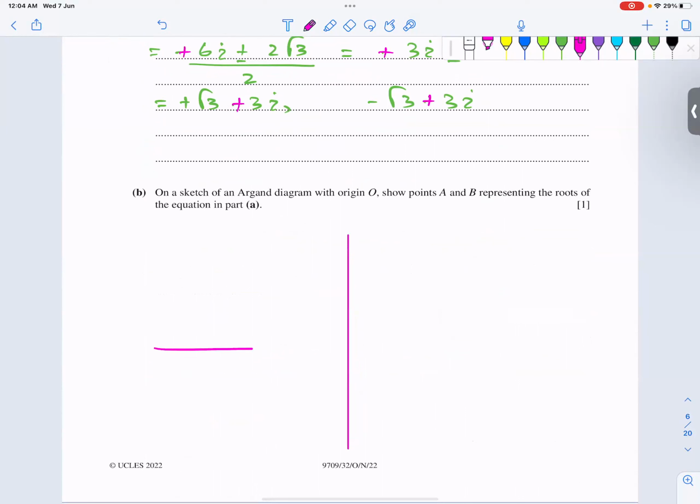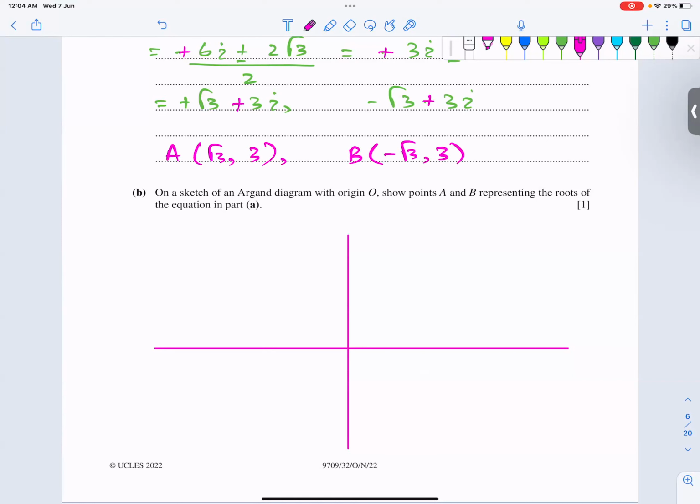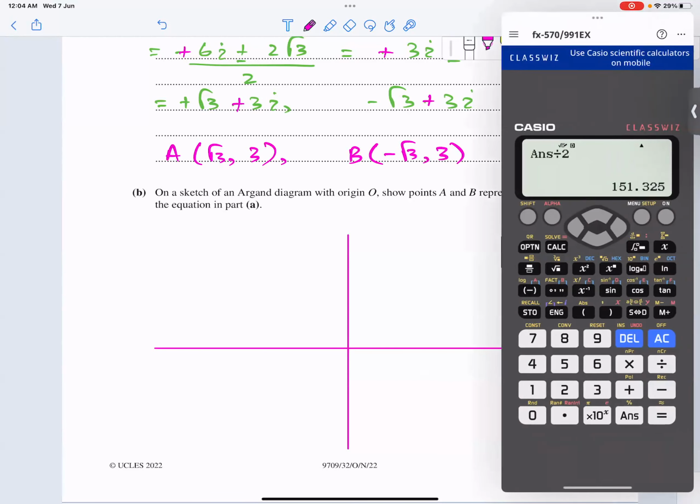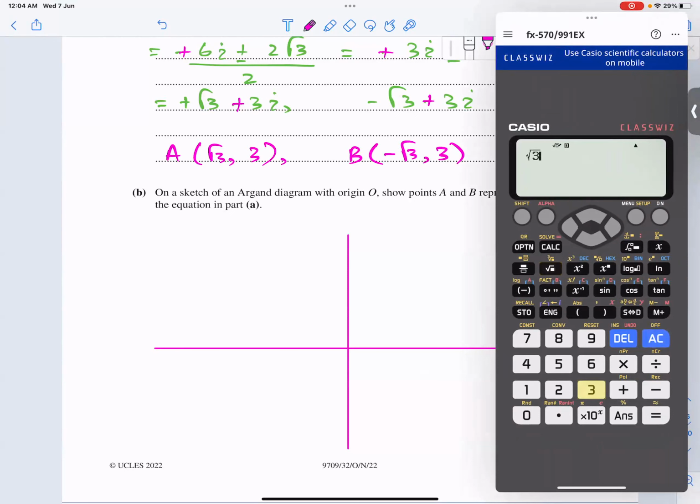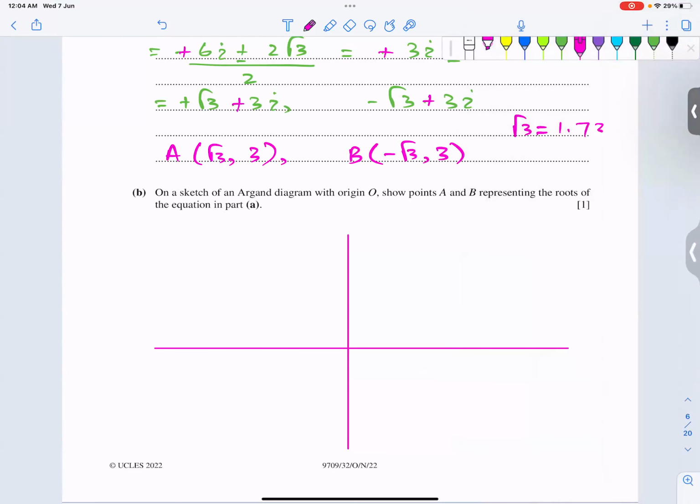On an Argand diagram, you will represent these roots. Call a point A, which is (square root 3, 3), and the other point (minus square root 3, 3). Square root 3 is almost 1.73.